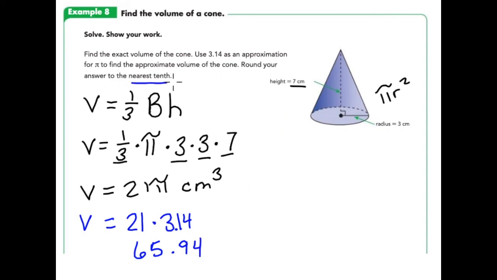We want to round to the nearest tenth. 9 is in the tenths place. There's a 4 that follows. That 4 is not going to change it. So our approximation of volume is approximately 65 and 9/10 centimeters cubed.